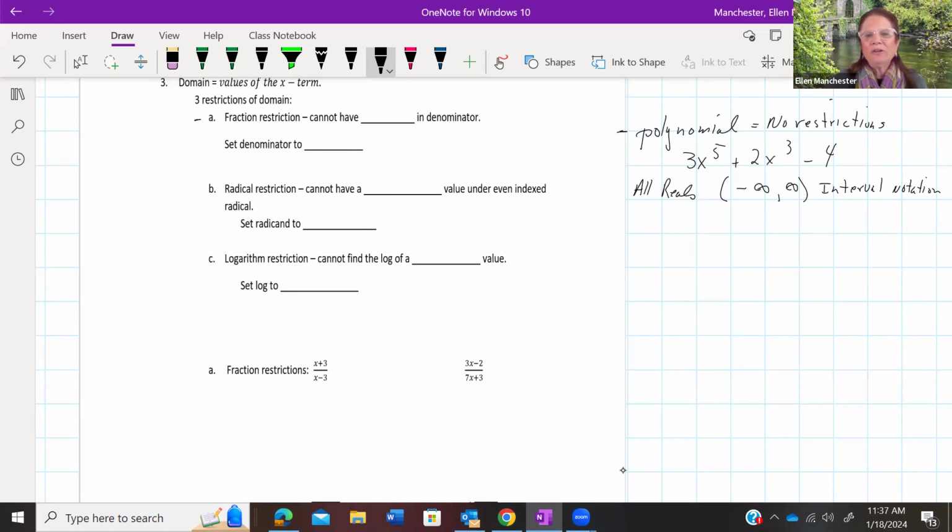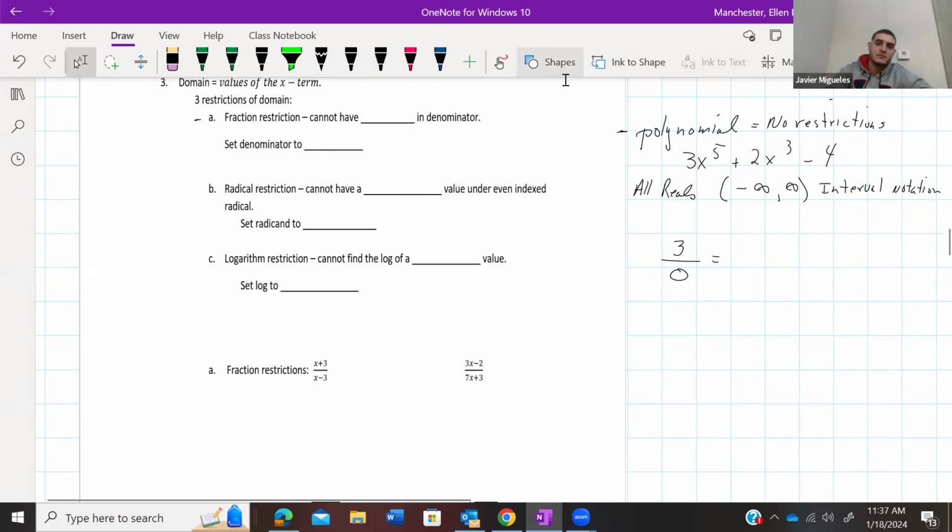When you have a fraction, so for instance, if I had a fraction 3 over 0, what would this be considered? What is that? Does anyone know the term? Okay, so it's called, yes, Genevieve, good.